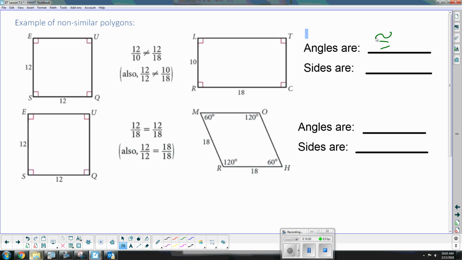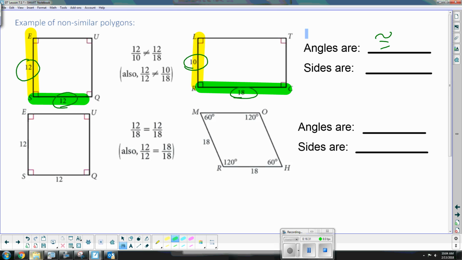But in order for these to be similar polygons, the sides have to be proportional. So 12 and 10 are corresponding sides, and 12 and 18 are corresponding sides. So is the ratio of ES to LR proportional to the ratio of SQ to RC?